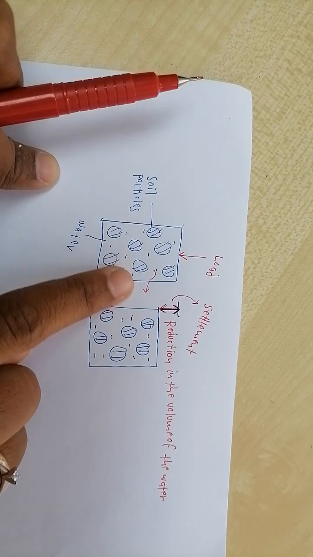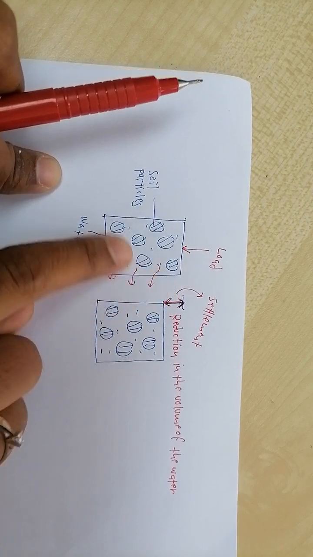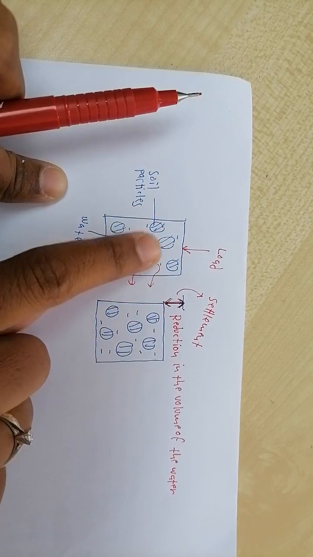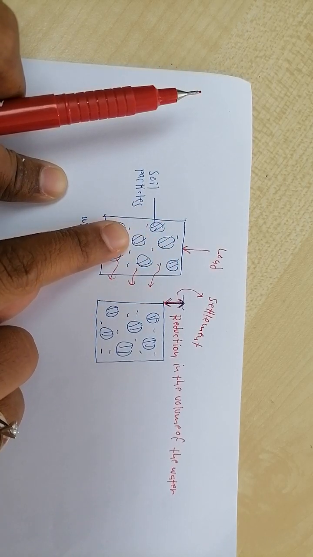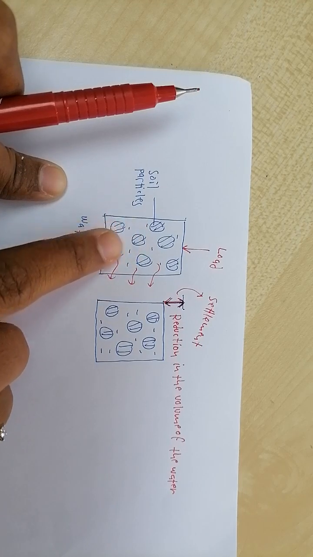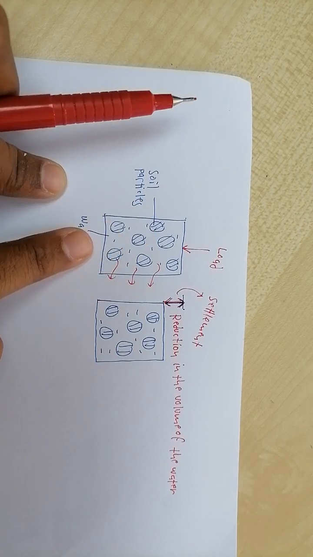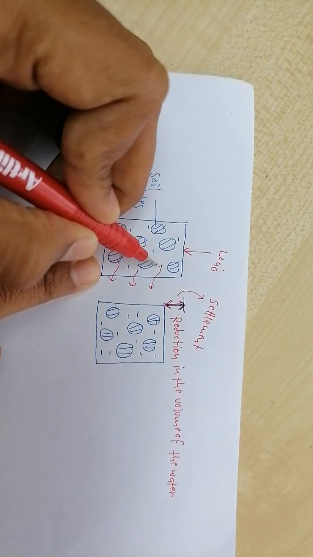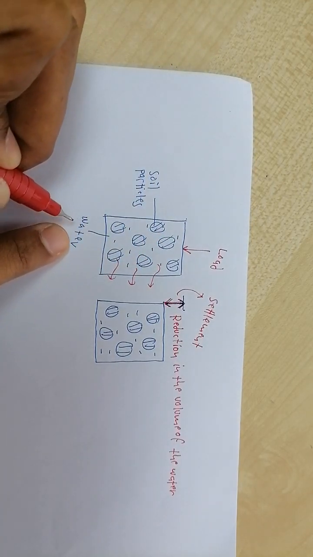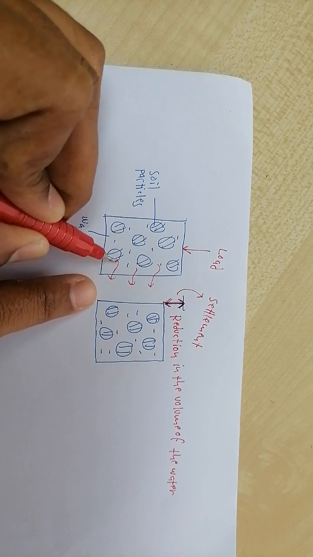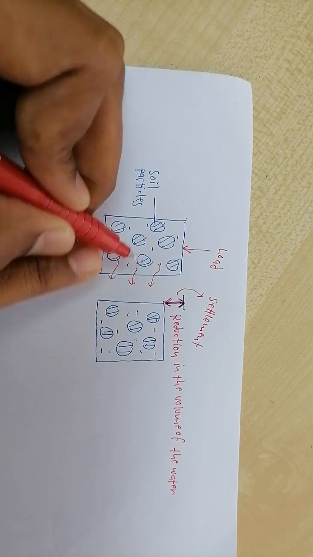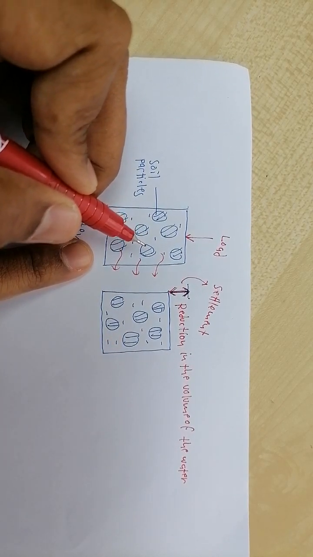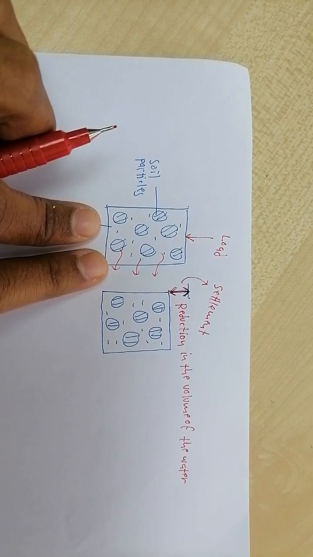Saturated means all the voids within the clay sample are filled with water, diisi dengan air. So we call it saturated. When you put the load, water within these voids will discharge or drain out of the voids.